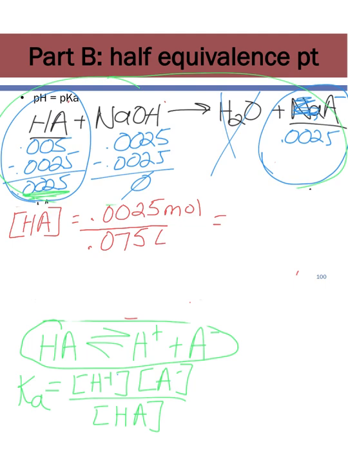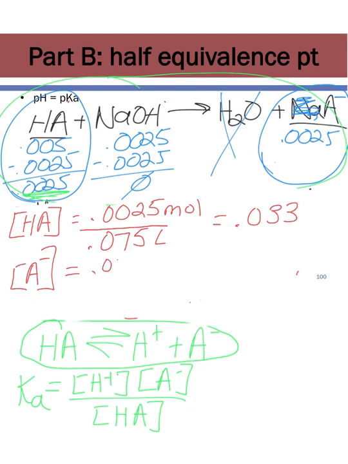And that gives me the concentration of my acid at this moment in the titration. So that will be going into my Ka calculation. I've got to do the same thing for the A-.